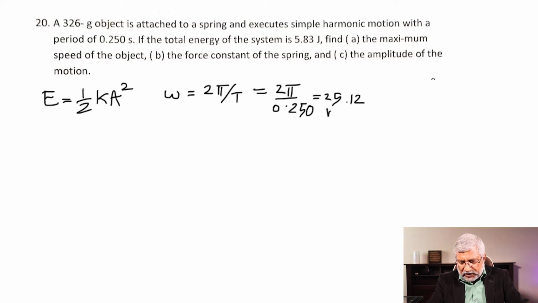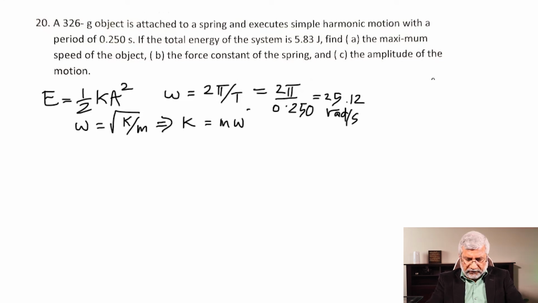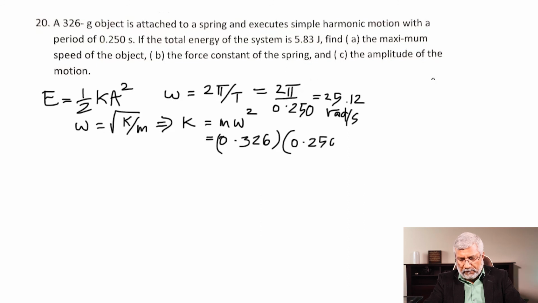You get omega as 25.12 radians per second. And since we know that omega is square root k by m, we can manipulate that and make k the subject to make it m times omega squared. And mass is 0.326 kilograms. And omega is 25.12 radians per second. And that's to be squared. And you find the value of k.